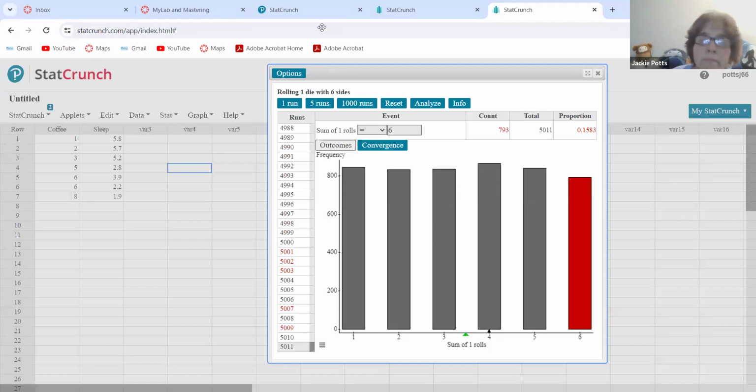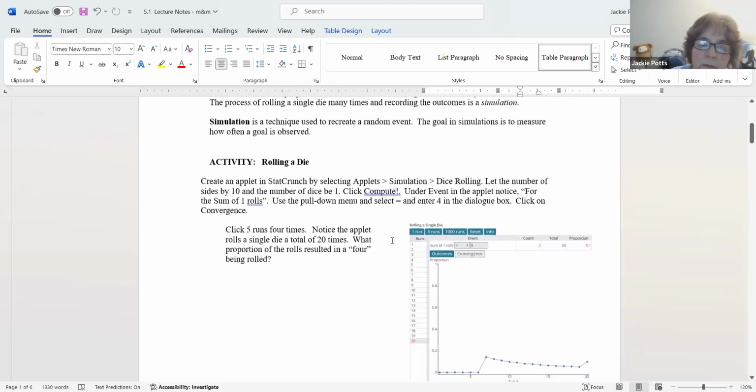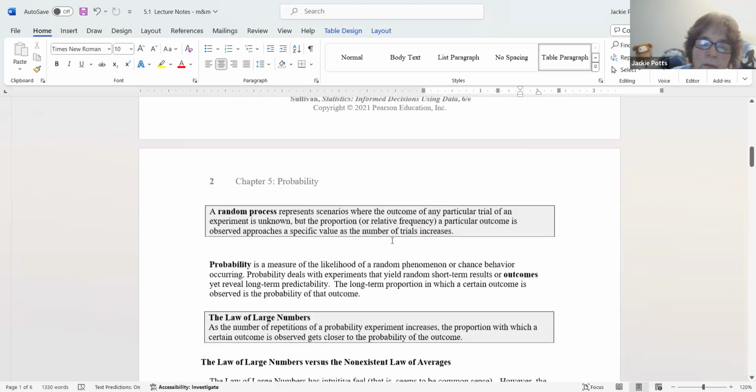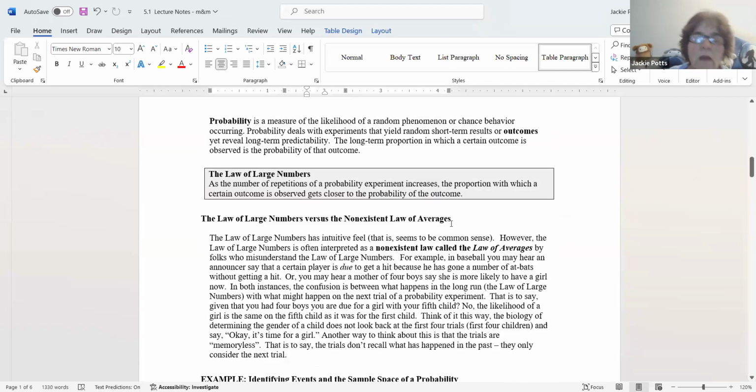All right. So the law of large numbers in a nutshell is, as the number of repetitions of a probability experiment increases, the proportion with which a certain outcome is observed gets closer to the probability of the outcome.